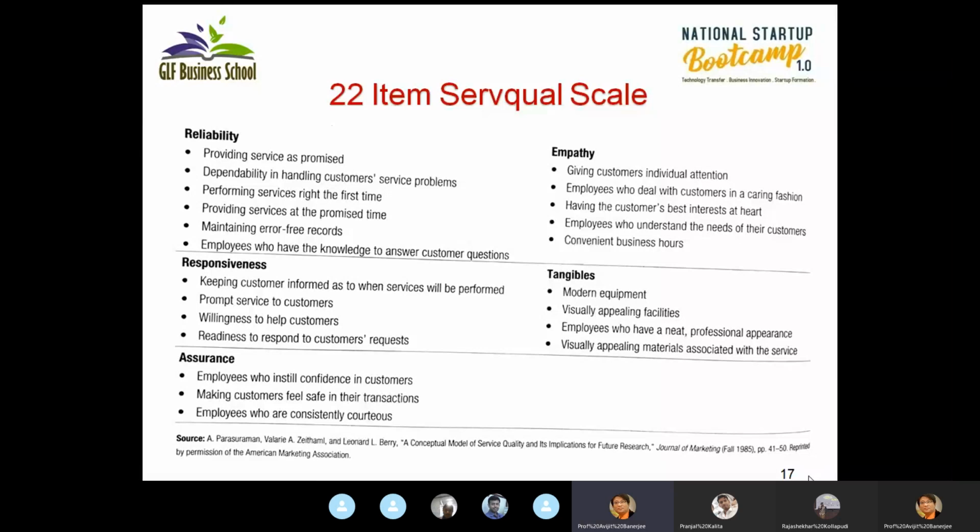Tests of the dynamic process model revealed that the two different types of expectations have opposite effects on perceptions of service quality. They are: increasing customer expectations of what the firm will deliver can lead to improved perceptions of overall service quality, and decreasing customer expectations of what the firm should deliver can also lead to improved perceptions of overall service quality.